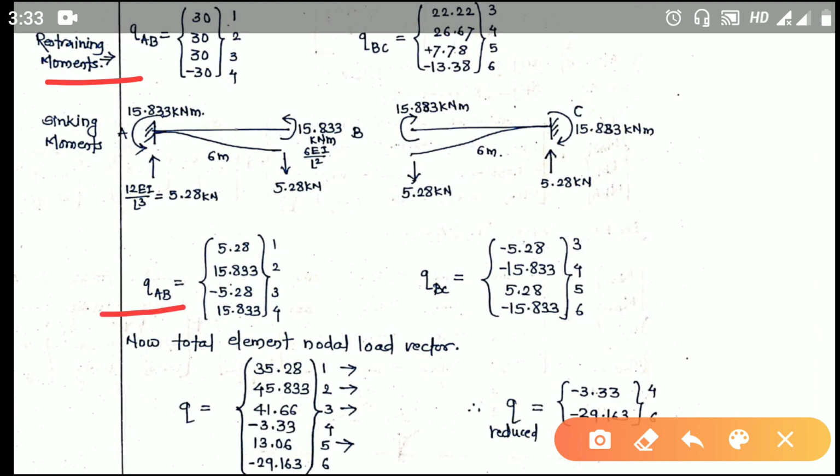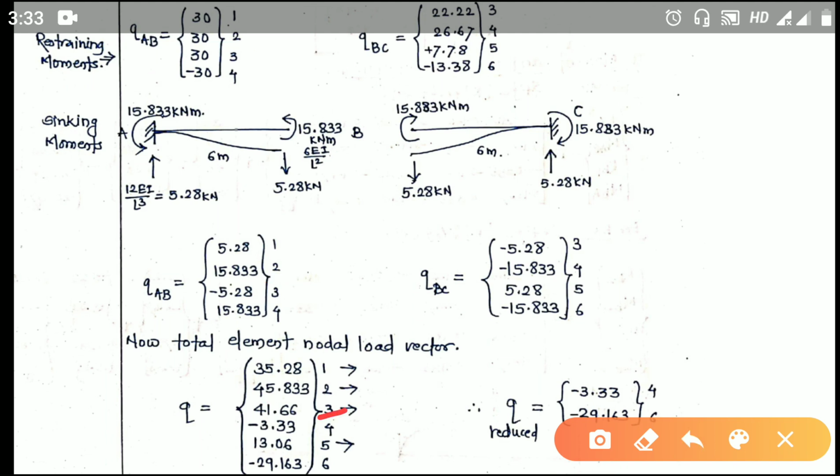So this 30 and 5.28, and this 30, that is equal to 35.28. Then number 2: this 30 from the first and this 30 from the second, plus 15.83, so the total addition is equal to 45.83.